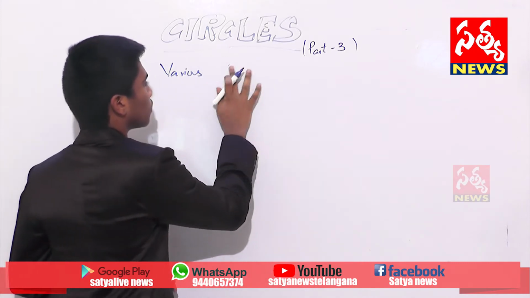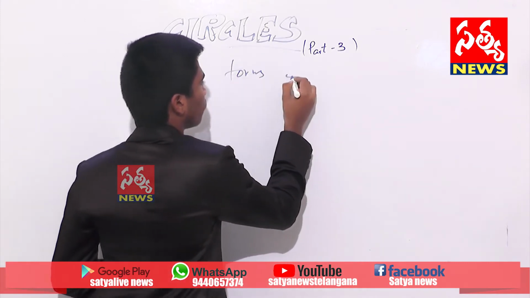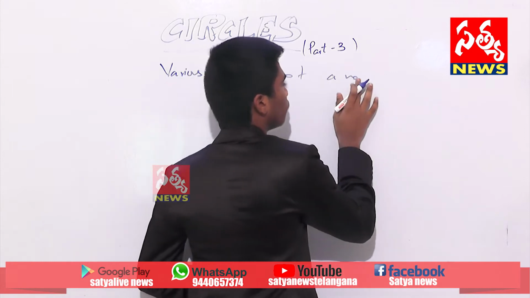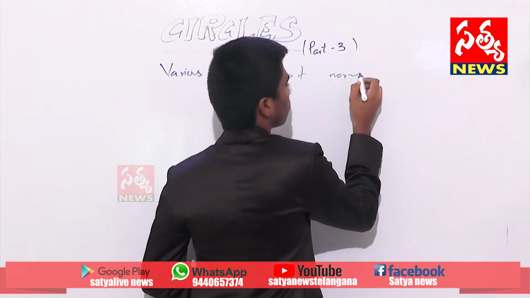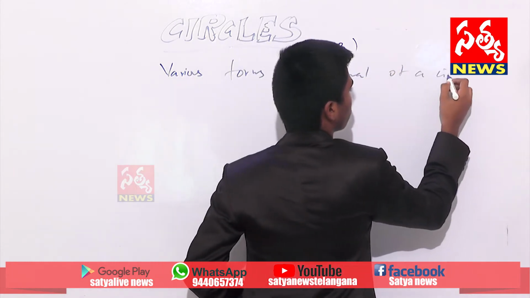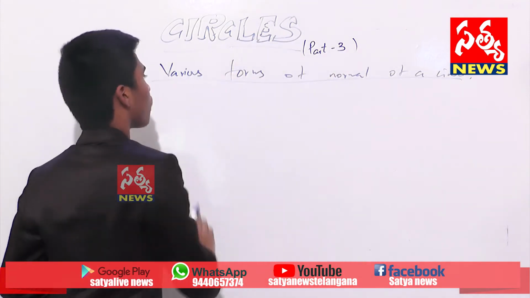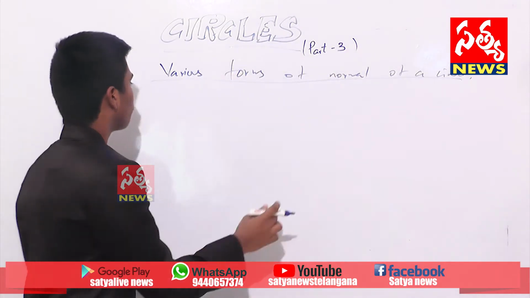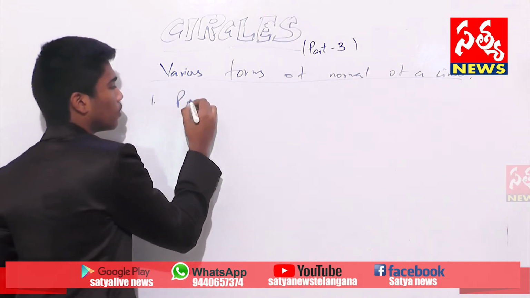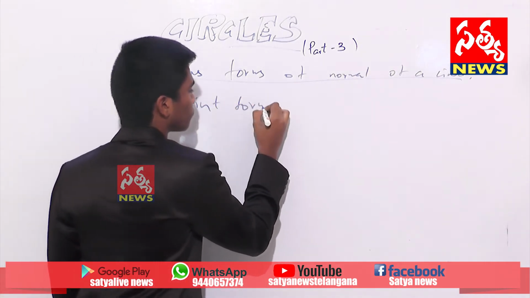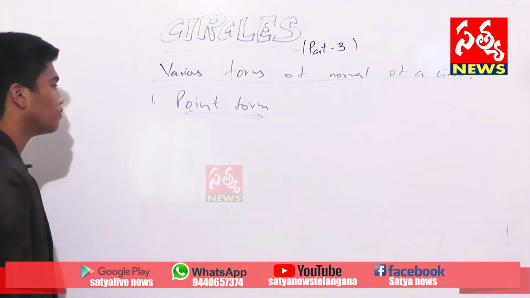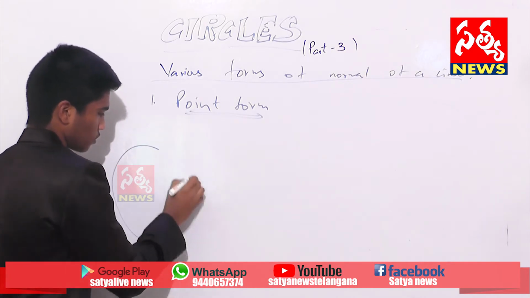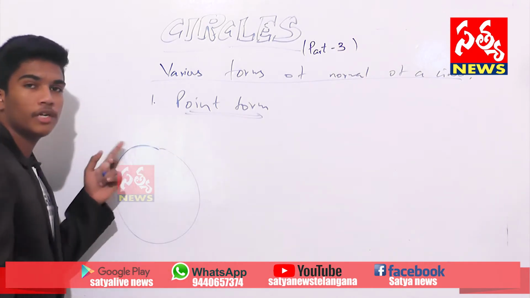Now let's discuss various forms of normal of a circle. First of all, it is point form. We have already discussed the point form.